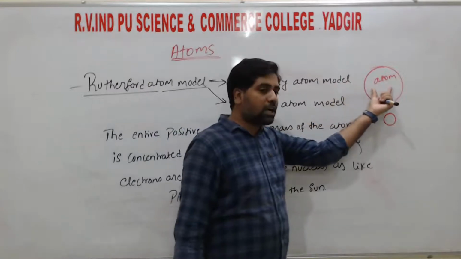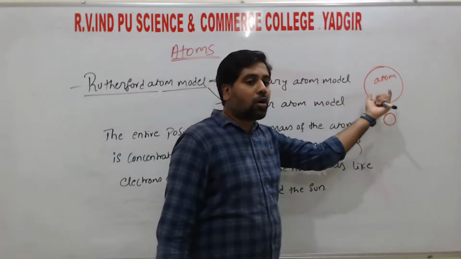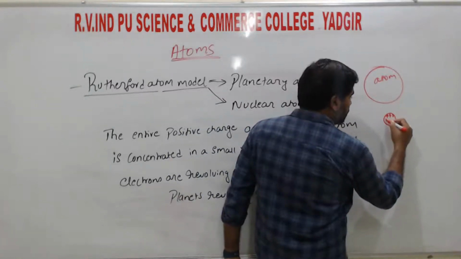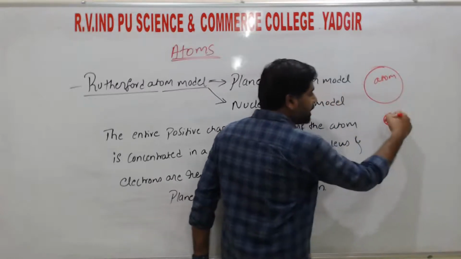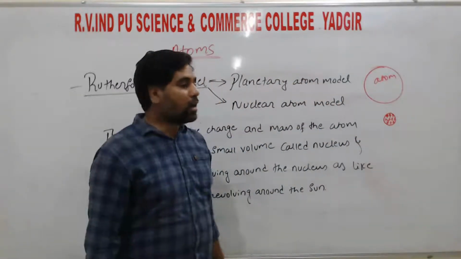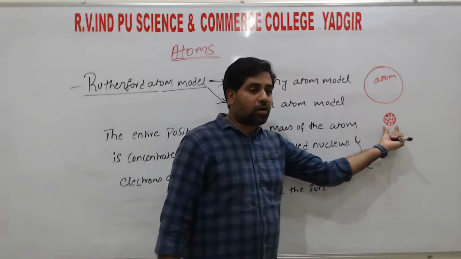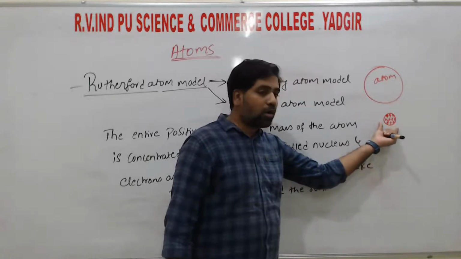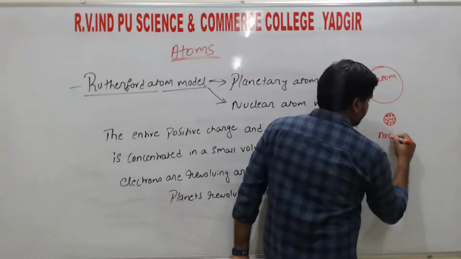The positive charges in the atom and also the mass of the atom are concentrated into a smaller volume. These are the positive charges, and it includes the mass of this atom. This smaller volume, he called the nucleus.